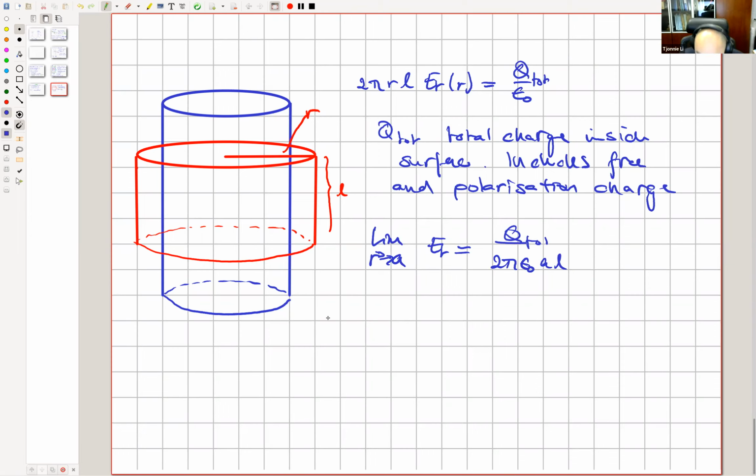I have that E_r as a function of r is E_r at a over r.